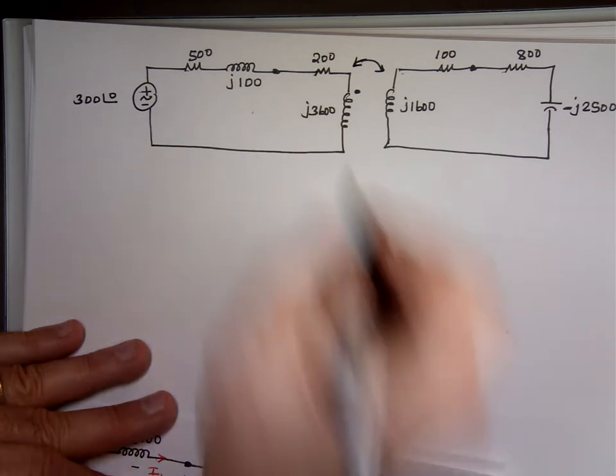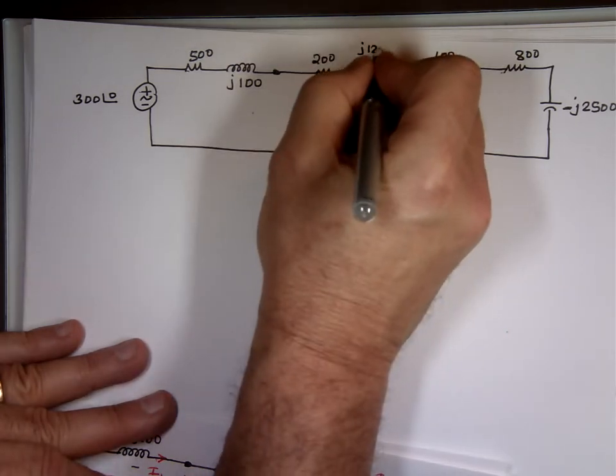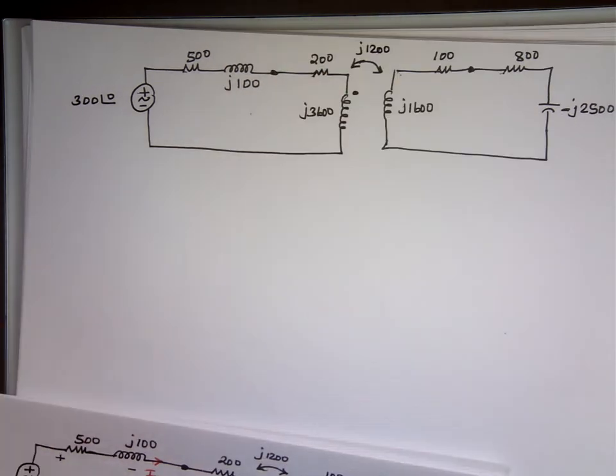This is J1200. That was the previous example we did. My currents, I forgot to identify which direction my currents are going in.